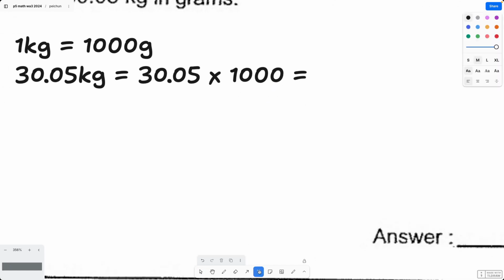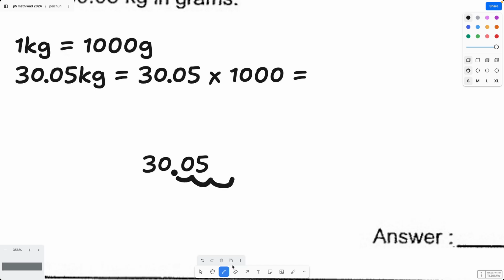If I write it out, 3, 0, then 0, 5, and then we have the dot over here. We're going to push the dot 3 spaces to the right: 1, 2, and 3.